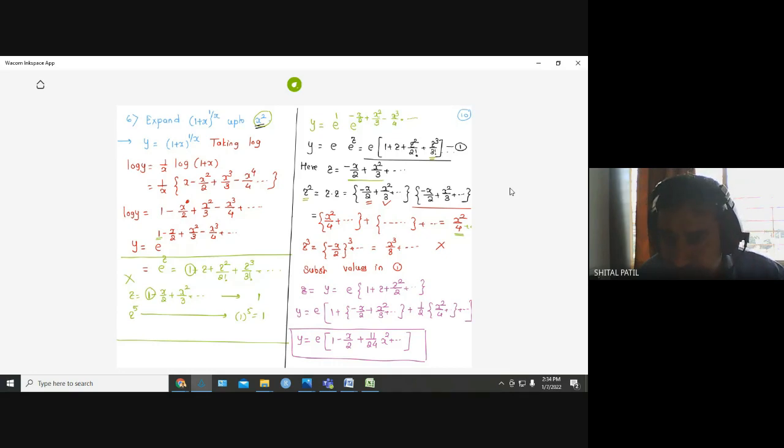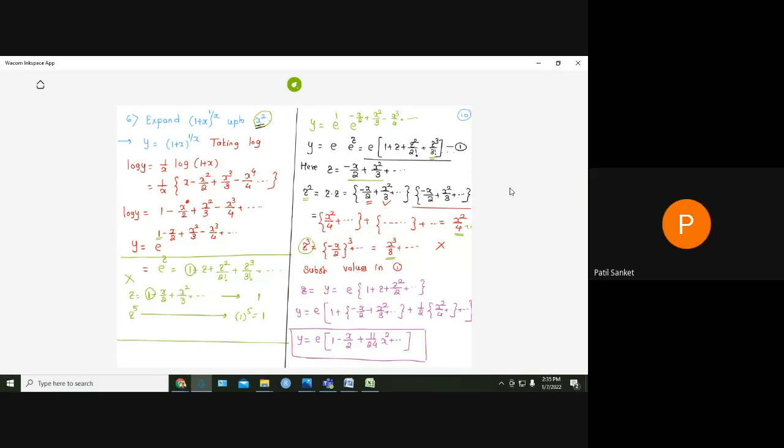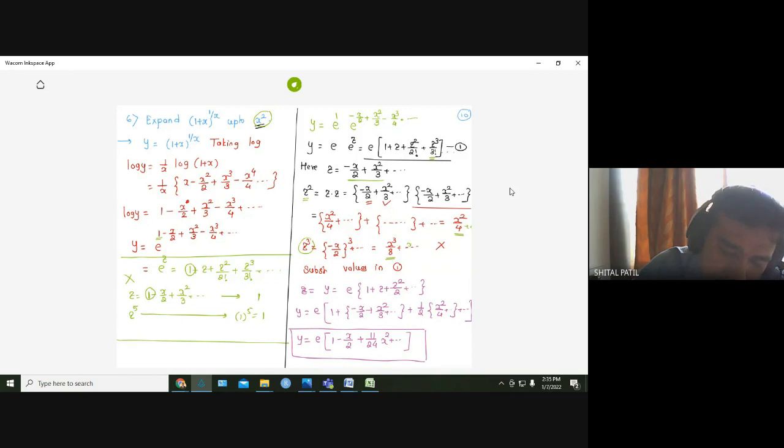Whereas in case of z cube, the expansion itself starts from x cube by 8. So, is it required to consider any term from z cube? No. Since this is x cube by 8, next will be, for example, x raised to 4 by say 17, next maybe x raised to 5 by say 81, like this.